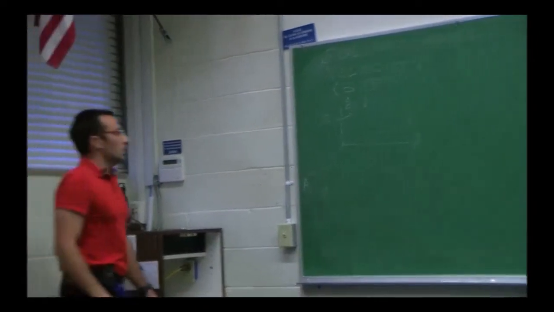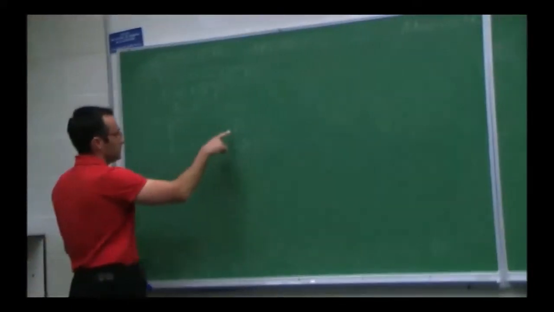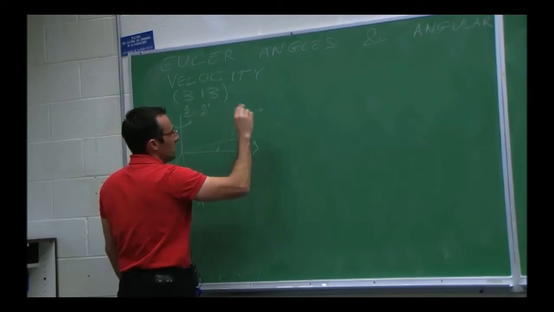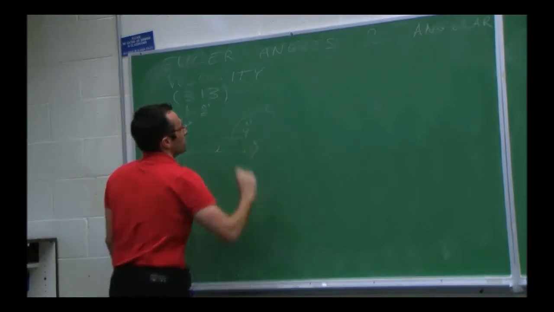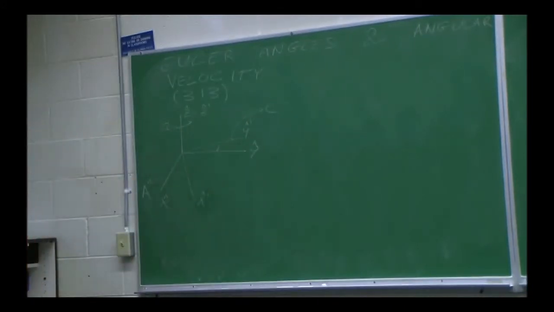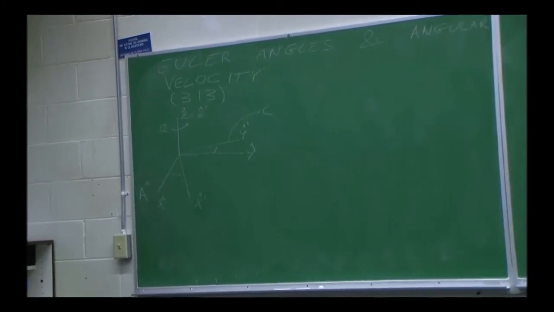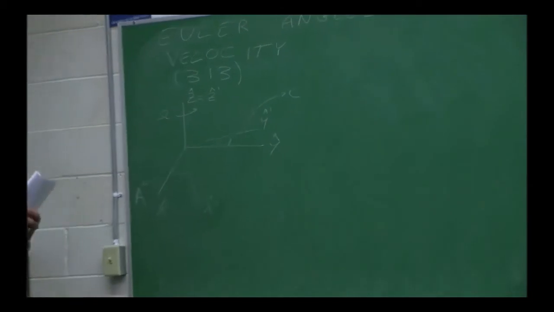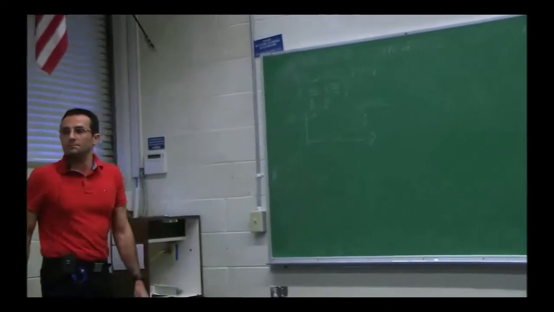While the new basis, this one with the primes, let's just call that, I don't want to use B for a reason, C. So we can imagine that we're looking at some physical object, a rigid body, a reference frame, that is rotating and going into the C configuration, right?